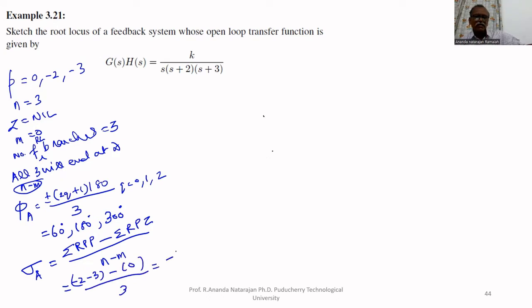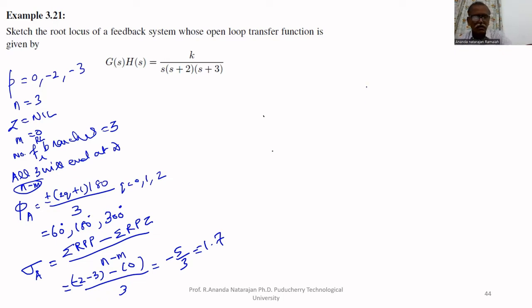That is minus 5 by 3, that is minus 1.667. In a graph sheet, we cannot mark 1.667. That's why let us take the single decimal place, 1.7. They are meeting at minus 1.7.